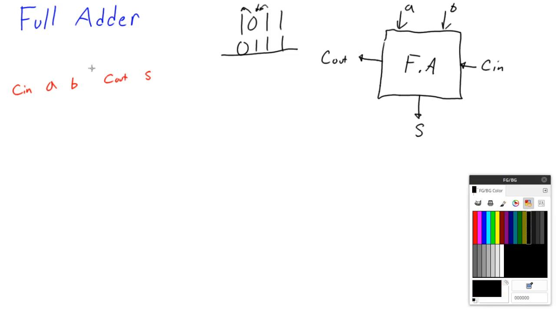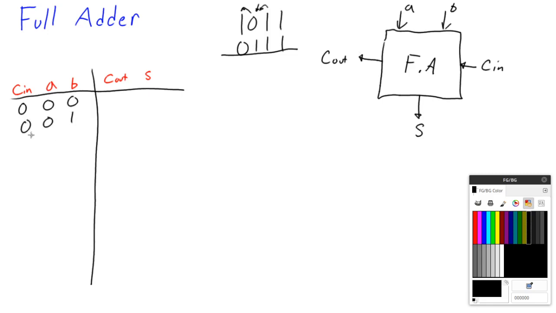Alright, so it's a 3 input system. So let's get all of our combinations here. We've got 000, 001, 010, 011, 100, 101, 110, and 111.